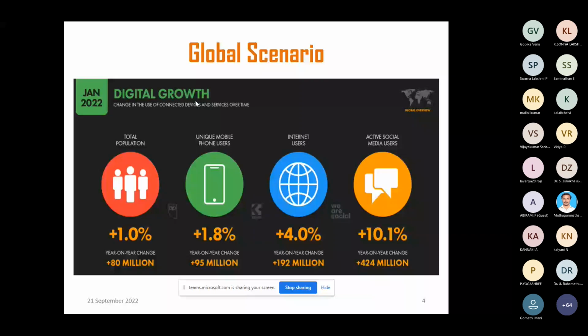This is the major interesting point: every year, 10% more users are joining social media alone. Active users also grow about 10% on average, about 424 million people. This is a sign that a huge amount of data is getting populated, and the exponential growth is because of this. This is just to understand how growth is taking place with respect to digital media.